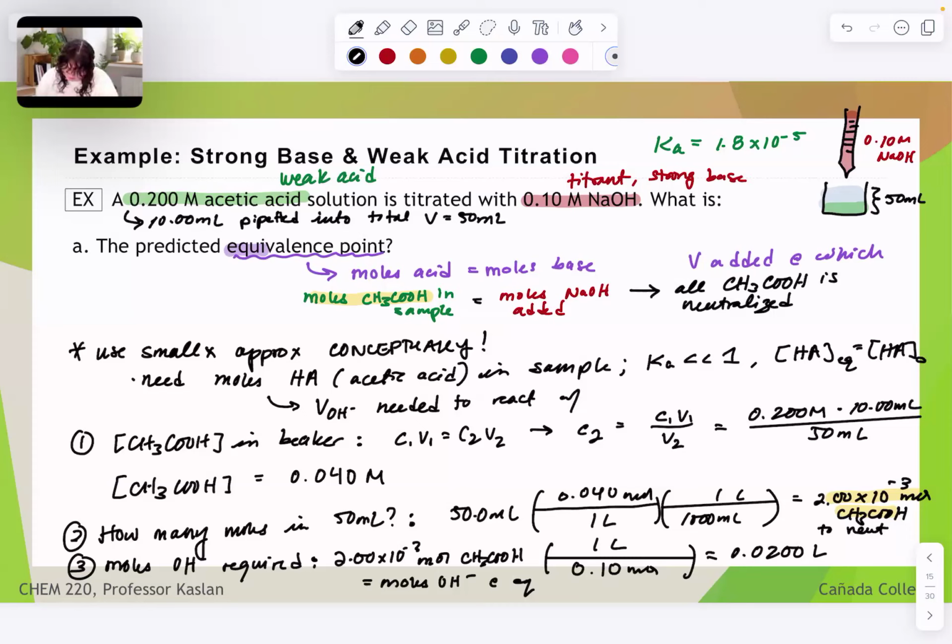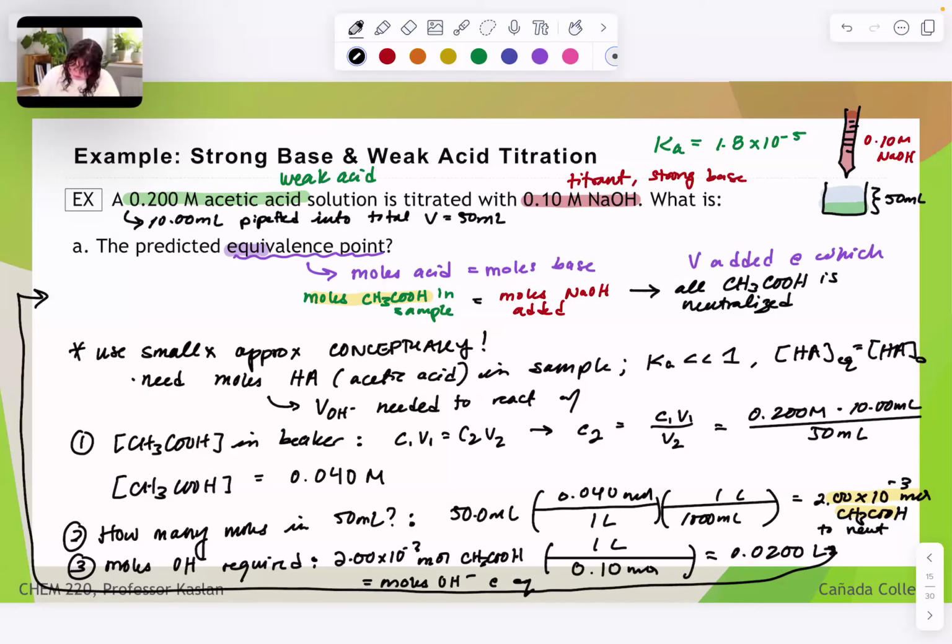So moving all the way over here to write it, put it in milliliters, I need to now move my decimal over 1, 2, 3. So we expect to add 20 milliliters of NaOH to reach our equivalence point.